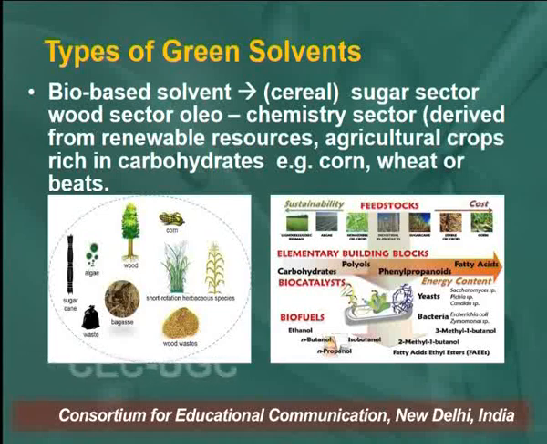These sectors are rich in carbohydrates, like cereals, sugar, and woods. Agricultural crops all have carbohydrates, for example corn, wheat and beets. From these carbohydrates, through a lot of transformation and microbial activity, they are converted into sugar, and from that sugar we can get the bio-based solvents.